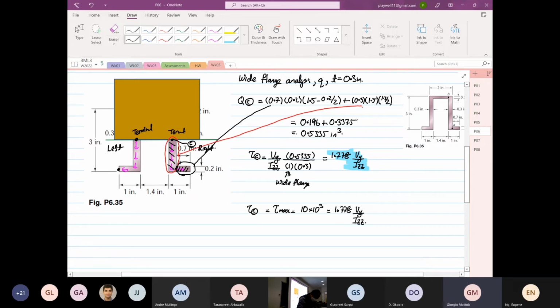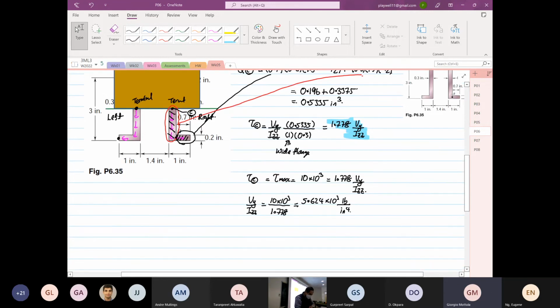So from here, we know that Vy over Izz is equal to 10 times 10 to the power 3 divided by 1.778. It's equal to 5.624 times 10 to the power 3. And the units will be pounds per inch to the power 4.